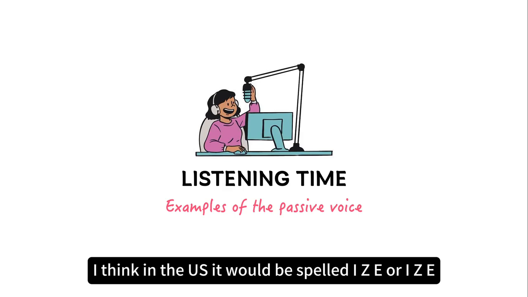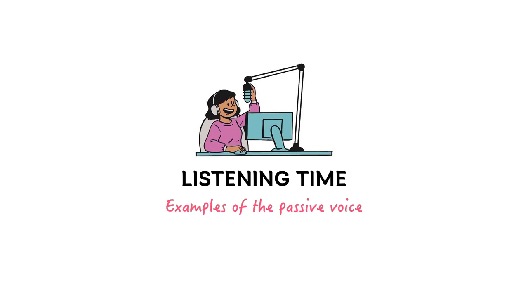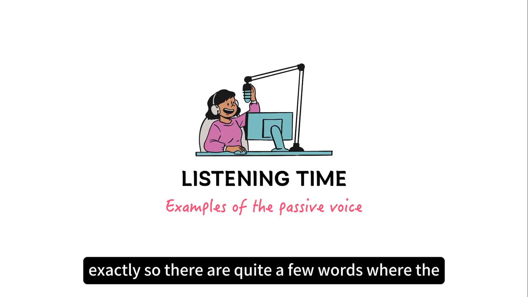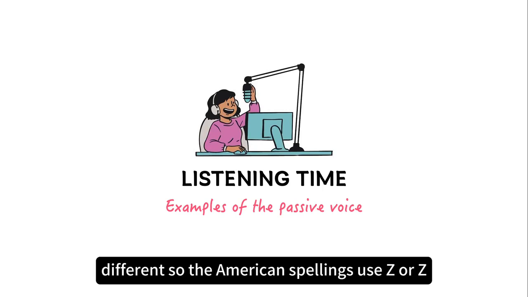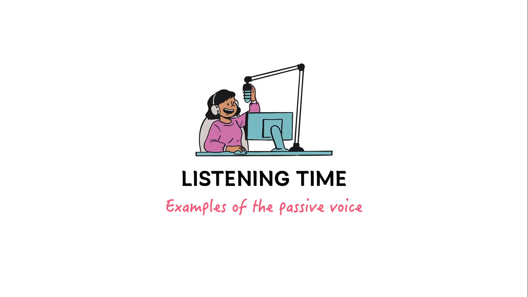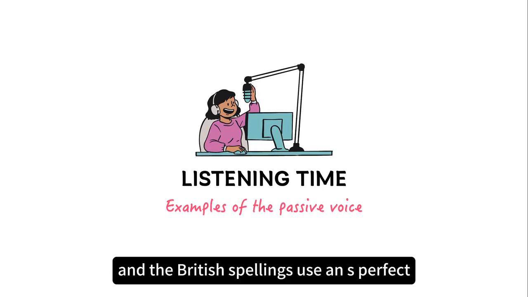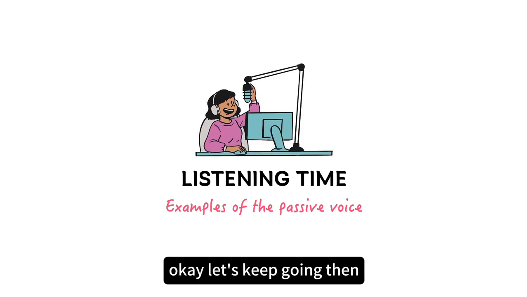I think in the US it would be spelled with a Z, recognize. Exactly. So there are quite a few words where the British spelling and the American spelling are different. The American spellings use a Z, and the British spellings use an S. Perfect. Okay, let's keep going then.